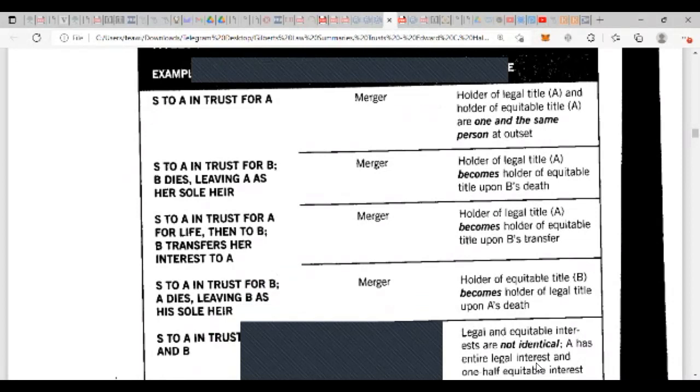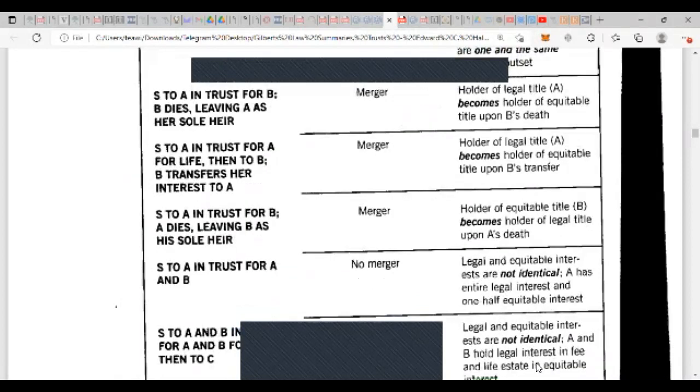Okay, so S to A in trust for B. B dies, leaving A as her sole heir. It's a merger because holder of legal title A becomes holder of equitable title upon B's death.